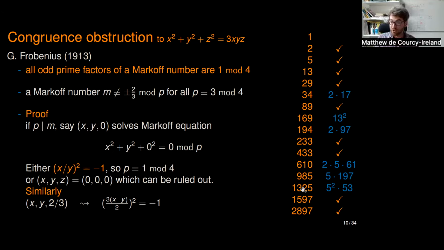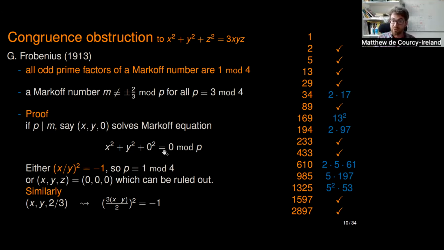So here you've got the first several Markov numbers, and you can see how they factor into possible factors of 2, but then all the odd factors are 1 mod 4. So this is not hard to prove. If p divides a Markov number m, that means x, y, 0, up to a permutation, solves the Markov equation.